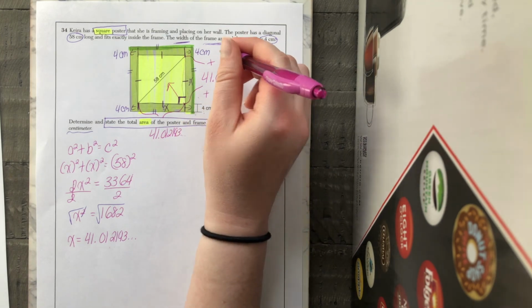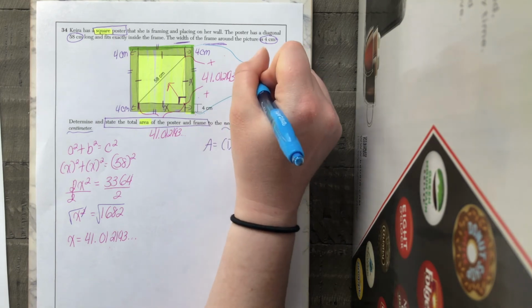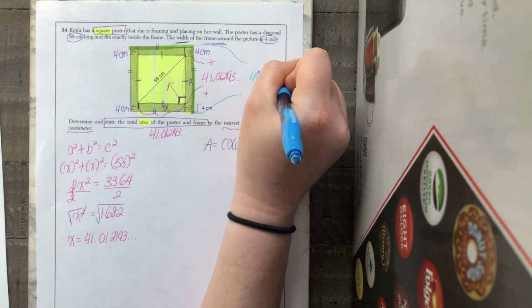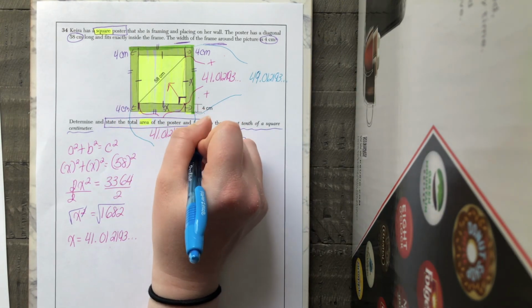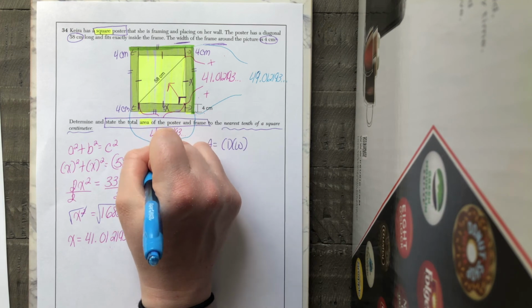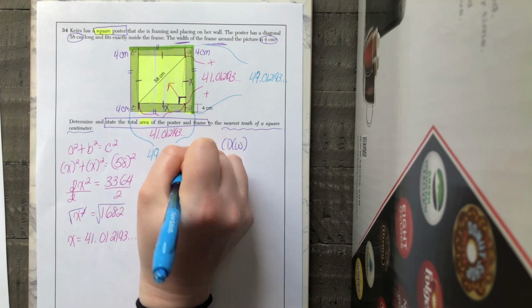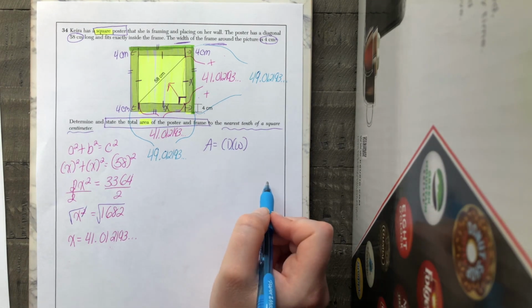So the entire distance that I really want is actually 49.012193... Okay, and it's the same thing at the bottom. The entire distance that I really want is 49.012193... All right, and now I'm ready to plug in to my area of a square formula.